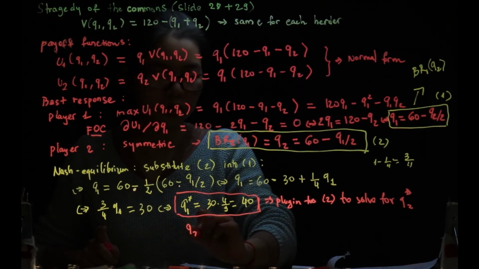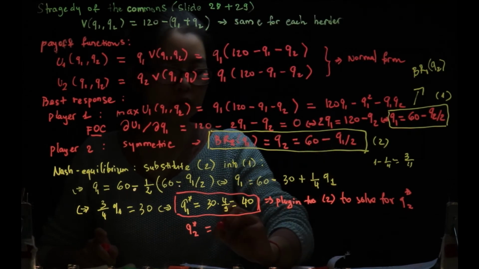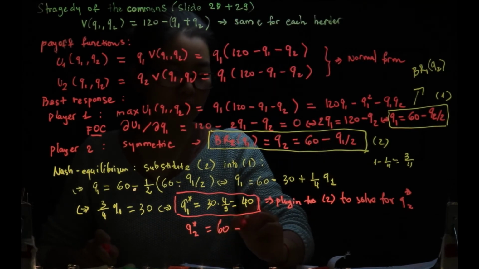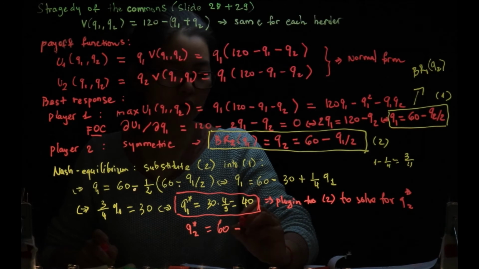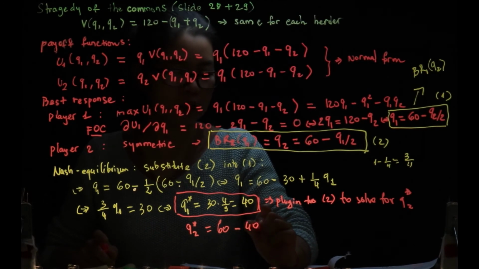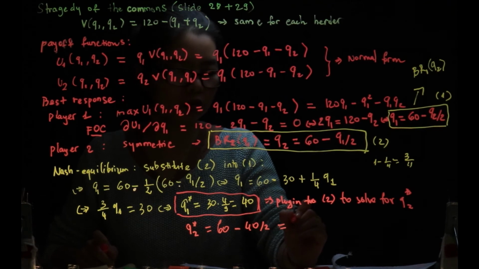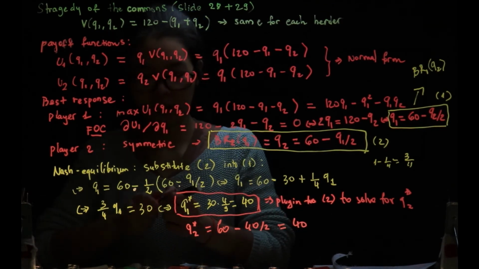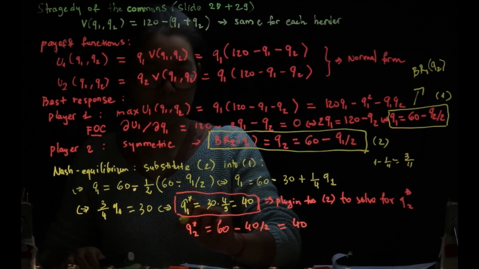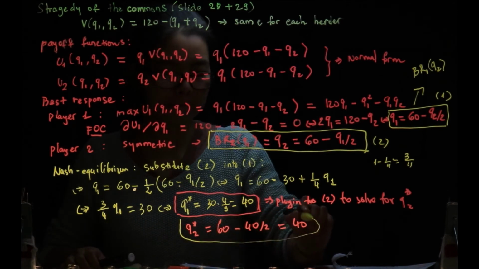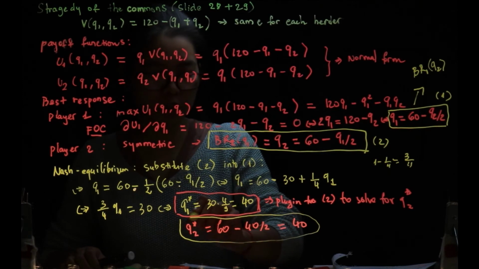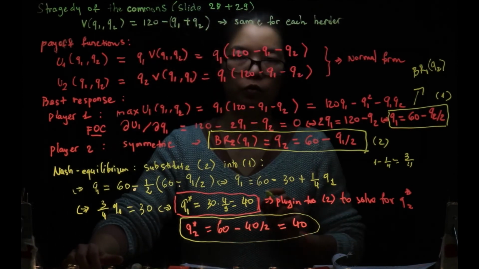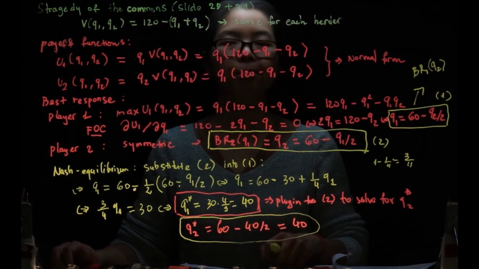So q2 star equals here 60 minus q1 star 40 over 2, equals also 40, right? So these are the solution at the Nash equilibrium of the game.